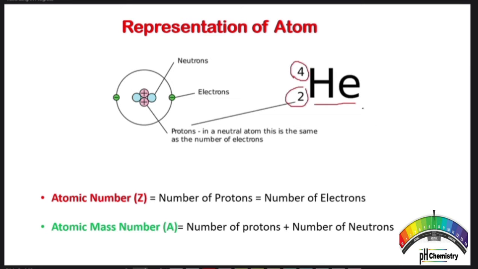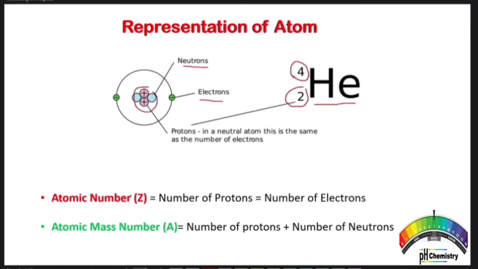So here the helium element is represented. 2 is its atomic number, 4 is its mass number. Here it is shown, this is the helium atom. It has 2 electrons, and 2 neutrons and 2 protons in the nucleus.